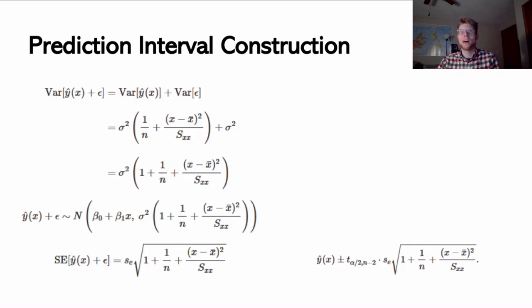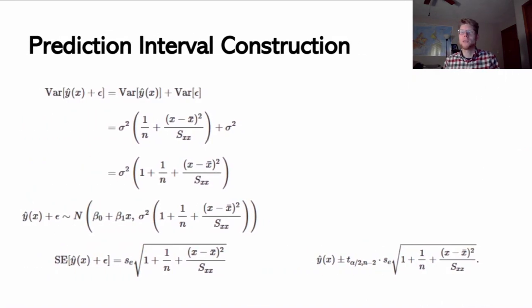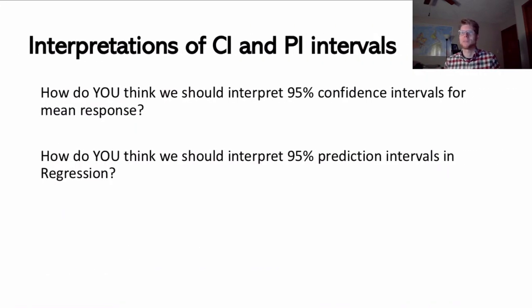So we add a sigma squared into this process for that reason. All is said and done, we get a very similar looking equation with a slightly updated standard error term. We're not going to actually make a calculation of this, we're just going to say it works the same way. We just have a different standard error that we're plugging in and a different interpretation.